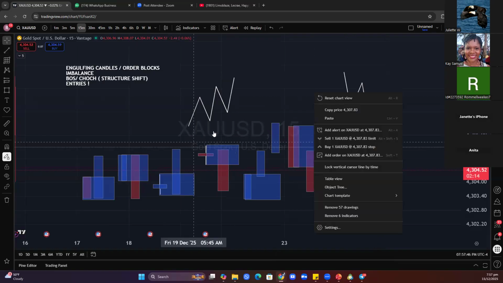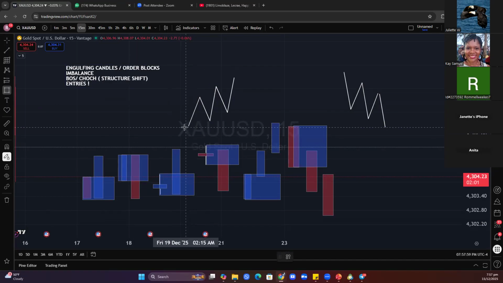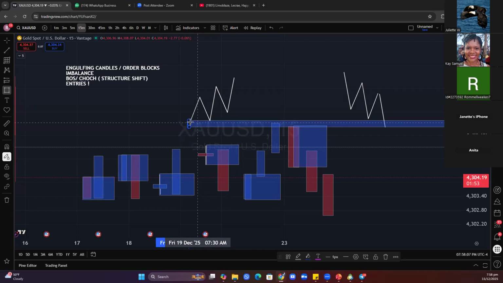Because the areas that we are looking for, these engulfing candles, these blocks, will literally, guys, be at these points here. For example, this may be your order block, right here.